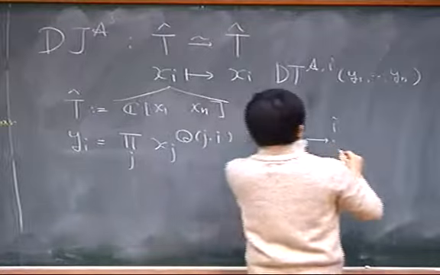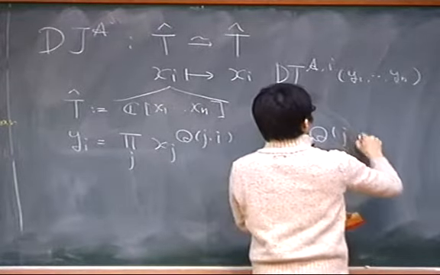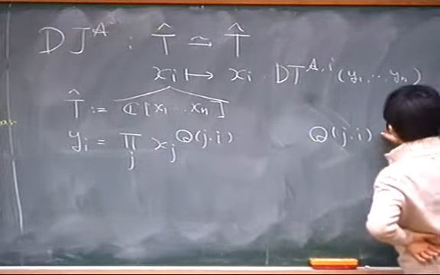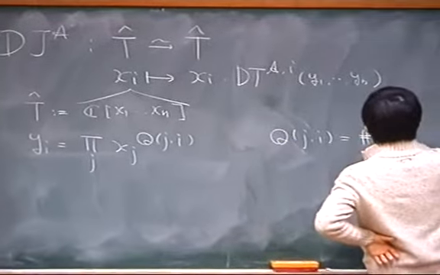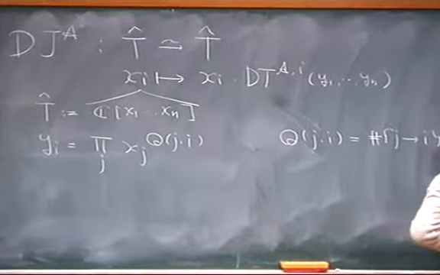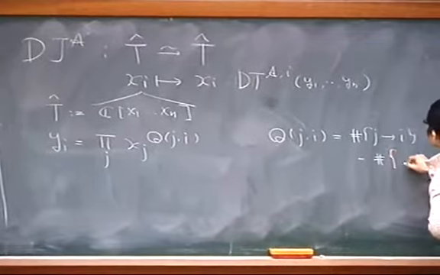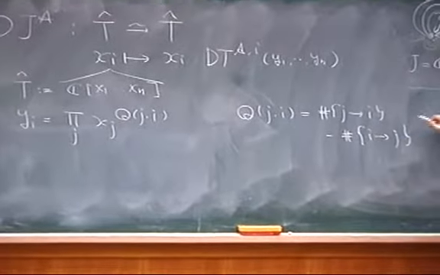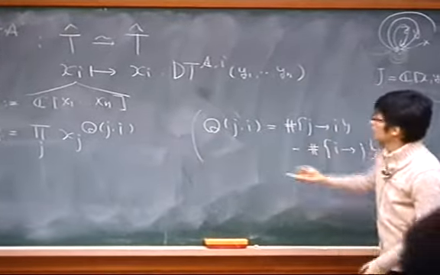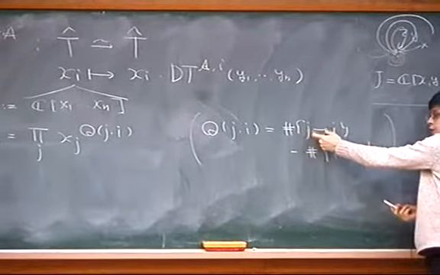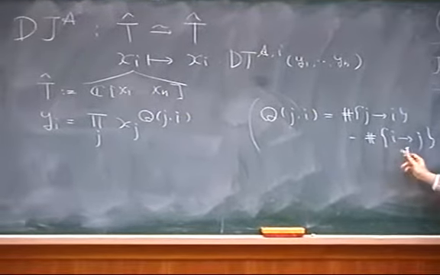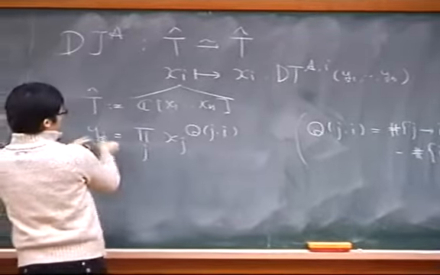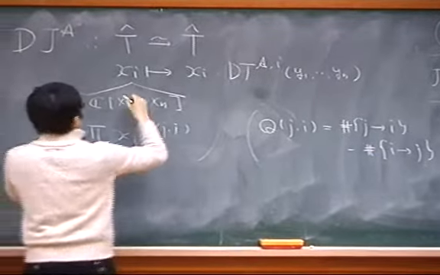Here q_ji is given by the following. q_ji is the number of arrows from j to i minus the number of arrows from i to j. So this is an element in this torus. Sorry, maybe this is plus minus.